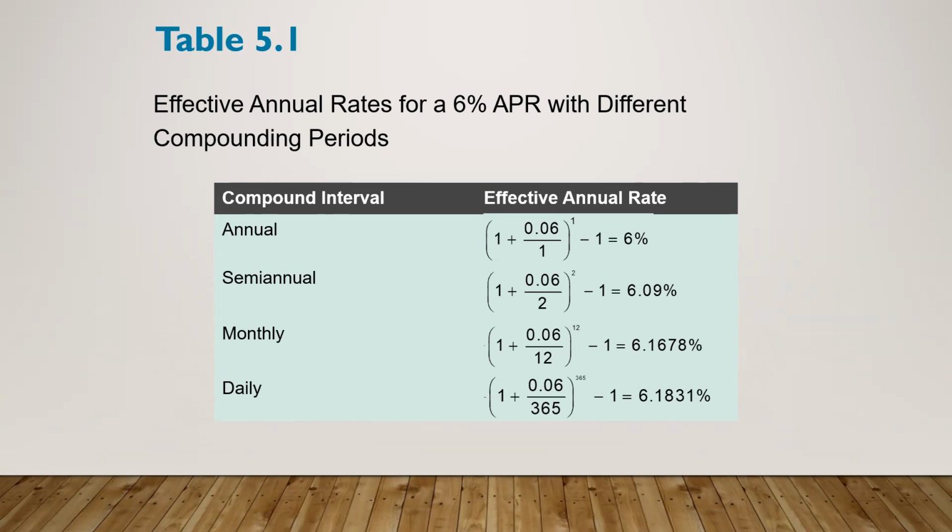The semi-annual will be 6.09%. Monthly will be 6.1678%, and daily it will give you 6.1831%. Notice here that the exponent is 1 for annual, semi-annual means 2, twice a year, monthly is 12 months, and daily is 365 days in a year.